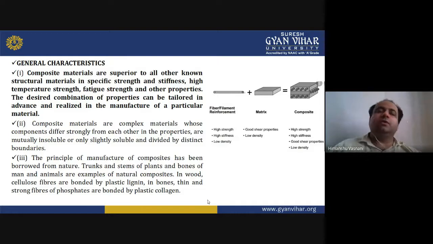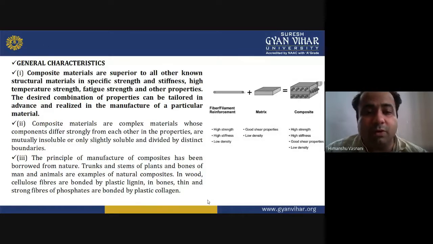This desired combination of properties can be tailored in advance and realized in the manufacture of a particular material.